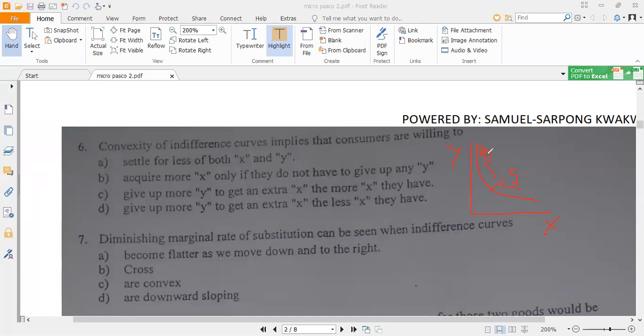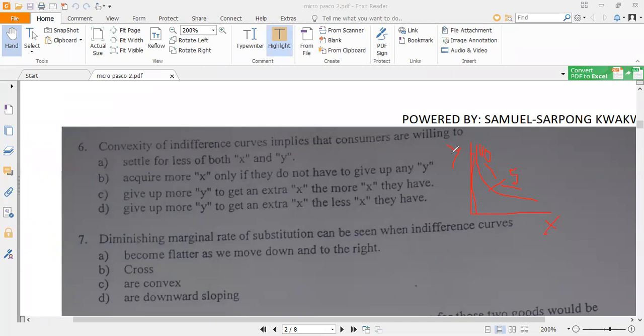And the reason is that this 10 measures the units of y that the consumer is willing to sacrifice for just an additional unit of x. Here he is willing to sacrifice this much because he is consuming too much of y and too little of x.